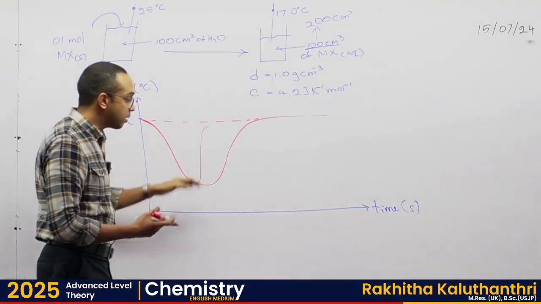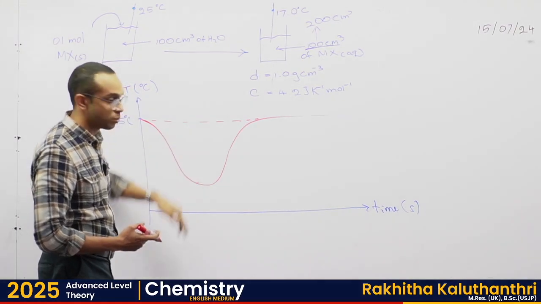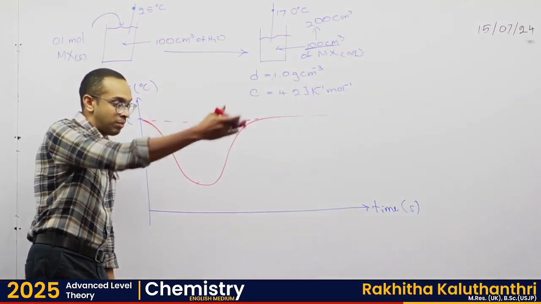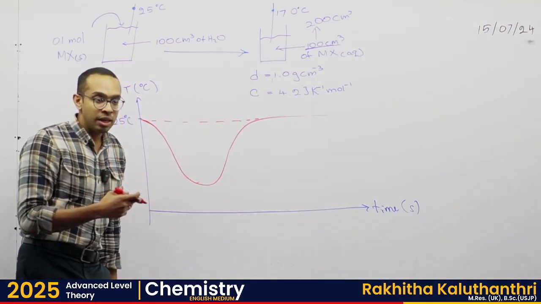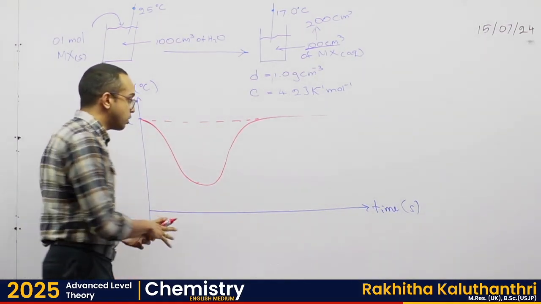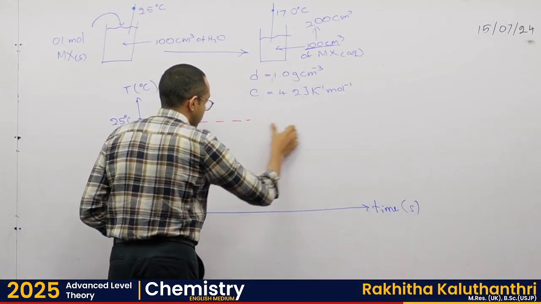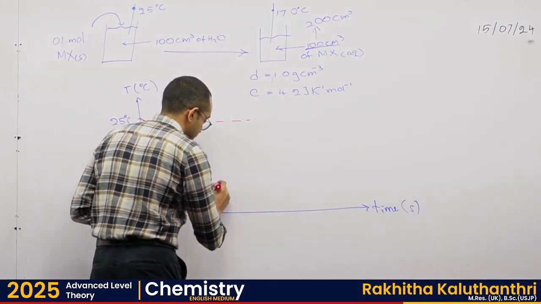Nobody is forcing it to absorb energy. But due to the temperature difference between the environment and the system, there is slight energy intake into the system. So that energy absorption leads to a temperature increase very gradually. So like this.